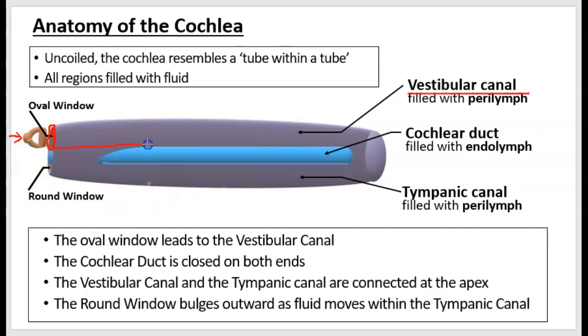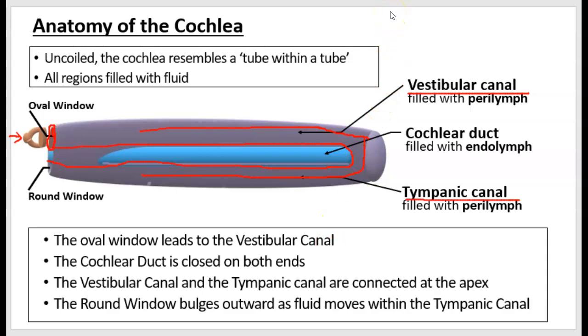And then we have the inner tube, which is called the cochlear duct. Notice that the vestibular canal goes farther than the cochlear duct does. It is continuous with the space underneath the cochlear duct, and that's called the tympanic canal.